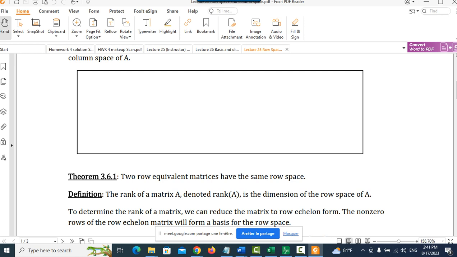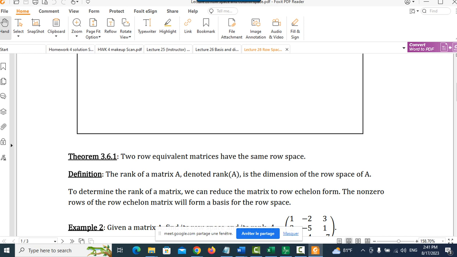Now to determine the rank of a matrix, we can reduce the matrix to row echelon form. The non-zero rows of the row echelon matrix will form the basis for your row space. Remember, the non-zero rows, not columns, form a basis for your row space.